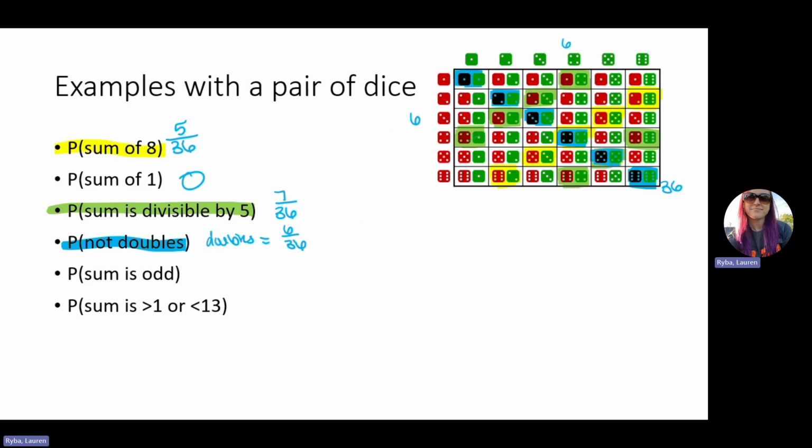If I don't want the doubles, I want what is left. So if I've used 6 of the 36, yes, there are 30 remaining of the 36. So that is not doubles. If you ever add a probability and its complement, you should create the whole 36 out of 36.